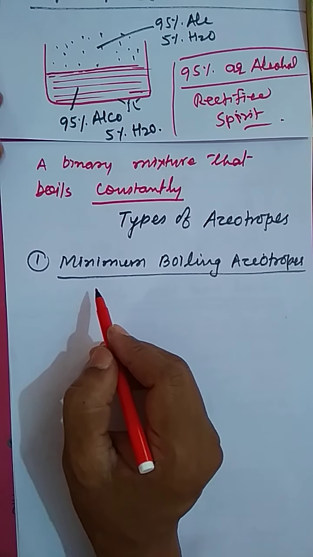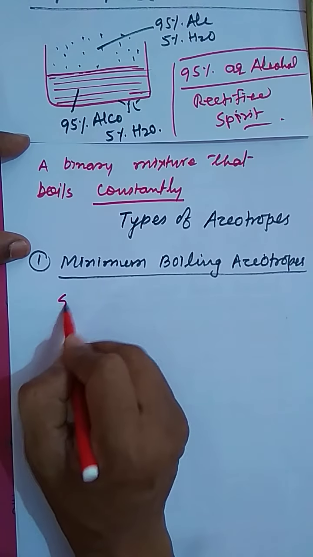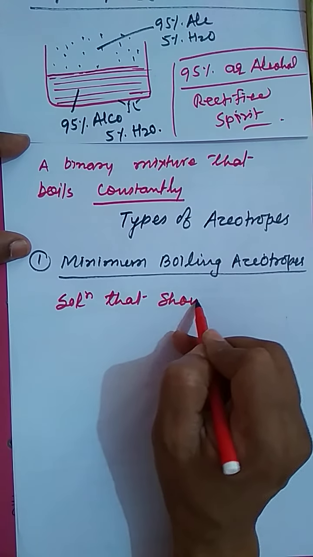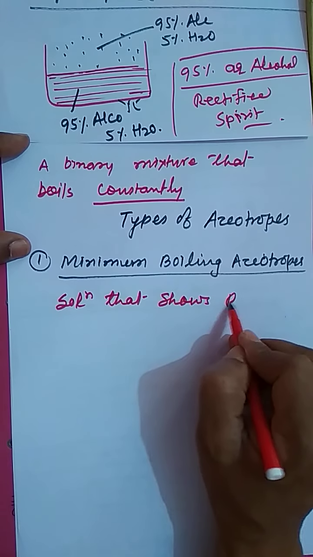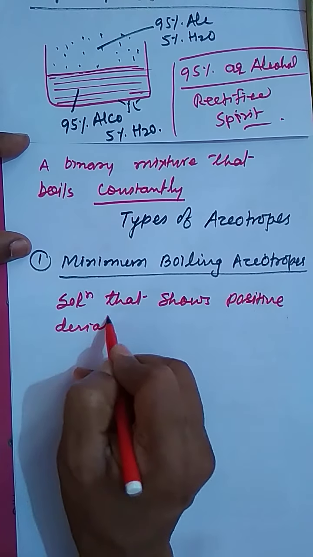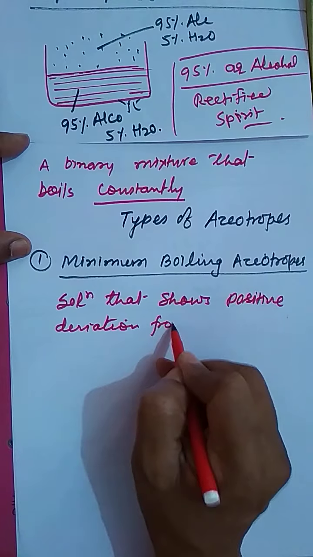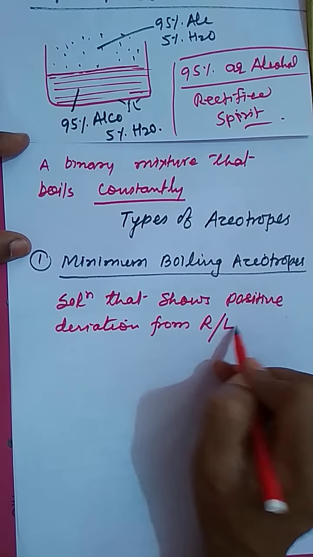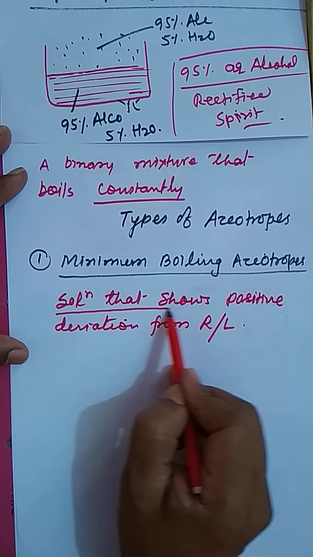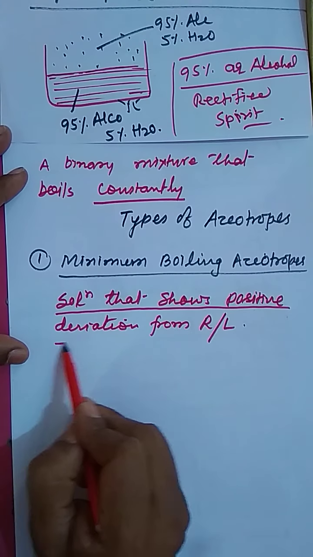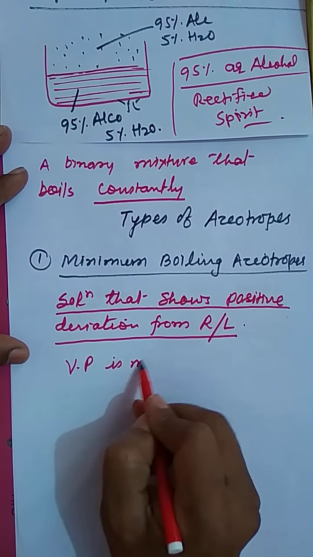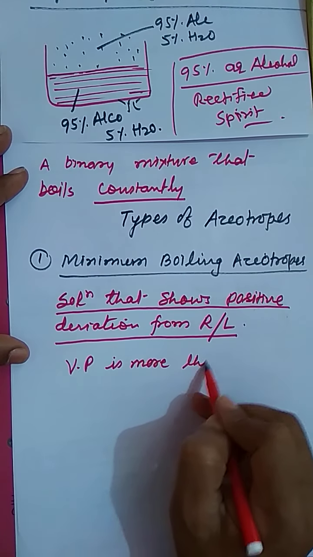So definitely, students, you think a solution that shows positive deviation from Raoult's law is a minimum boiling azeotrope. Positive deviation means definitely that it has more vapor pressure, and if vapor pressure is more, then the boiling point is less.